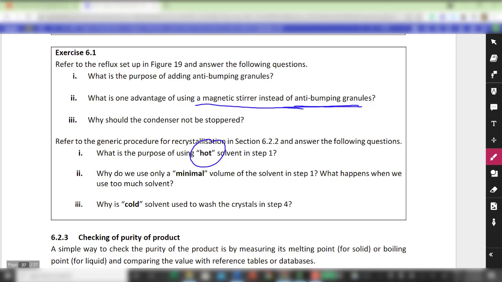In order for you to get nice crystals, you need to give it some time, so that usually the impurities will not tend to crystallize around the nice crystals. They will tend to be separated slowly. I think in terms of thermodynamics, when the solid starts to form in a nice way, it will attract similar species.